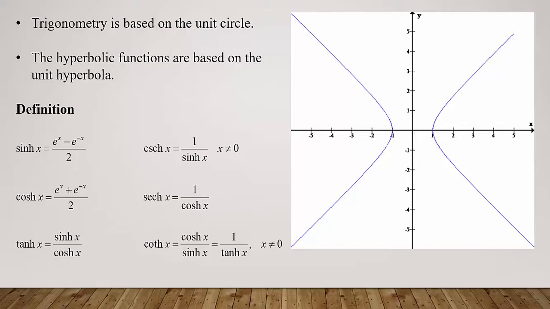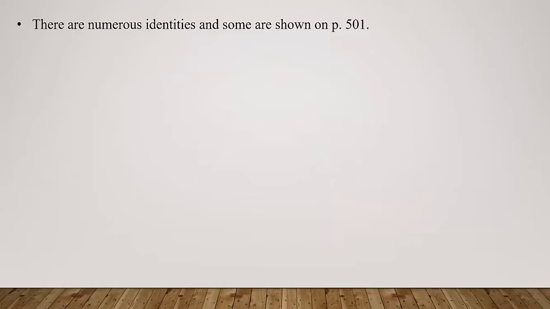As is hyperbolic cosecant, hyperbolic secant, and hyperbolic cotangent. So make sure you know the definition of hyperbolic sine and hyperbolic cosine. There are many identities in the hyperbolic world, and some of them are shown on page 501.